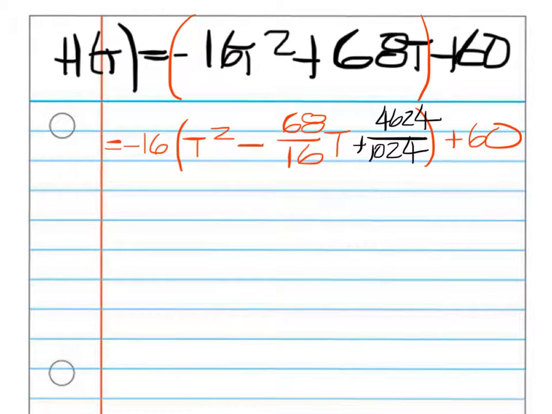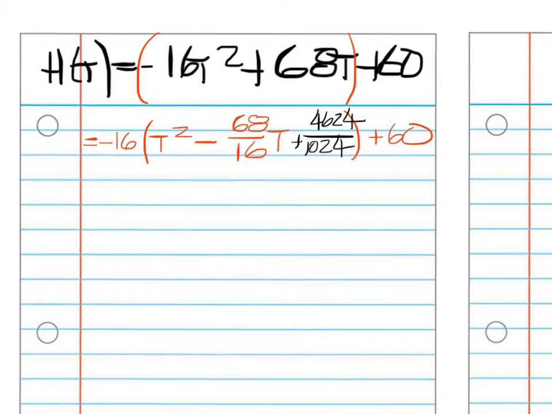Now I have to add something on the other side. And I'm running out of room here, so I'm going to put plus. What I have to do is the positive version of 16 times this fraction. When I multiply an integer by a fraction, do I, A, multiply that integer by the numerator, B, the denominator, or C, both?